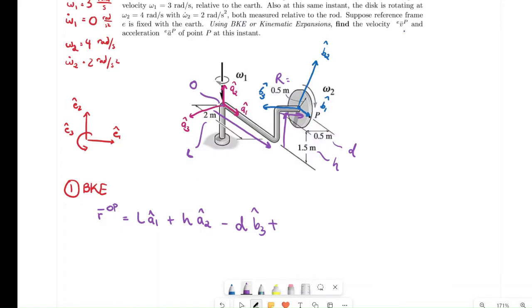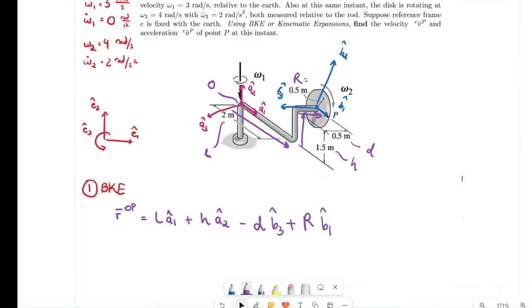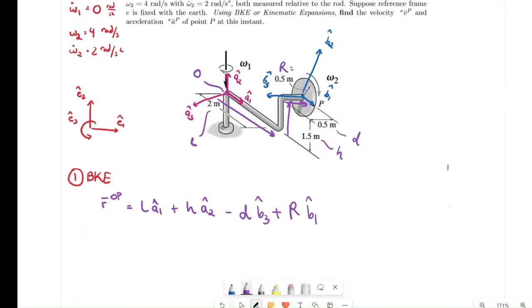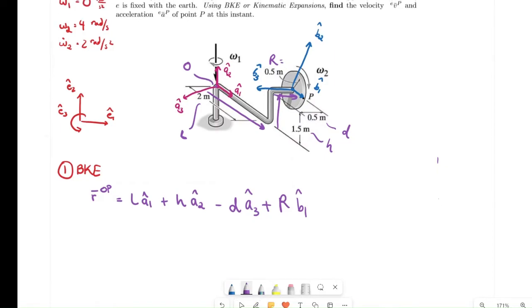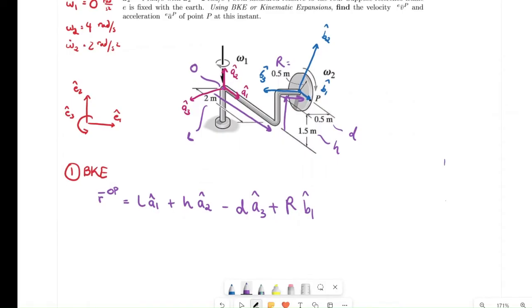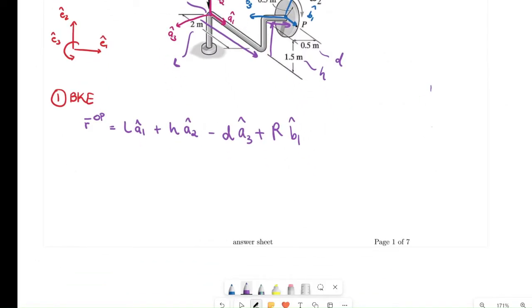So I'm going from here to here to point P. So that's going to be R B1 hat. And then A3 and B3 also point in the same direction, so we can rewrite this as minus D A3 hat. This is just because the rod is all at 90-degree angles, so A3 hat and B3 hat point in the same direction.